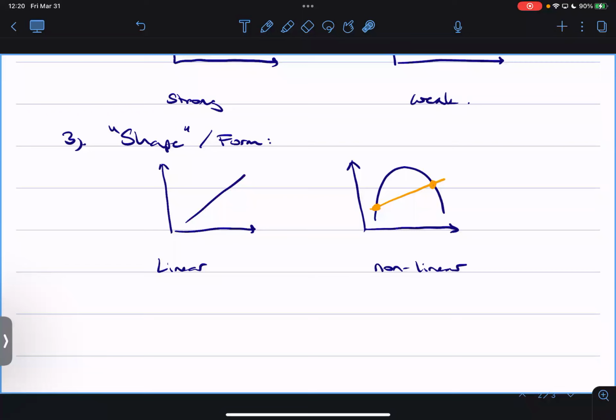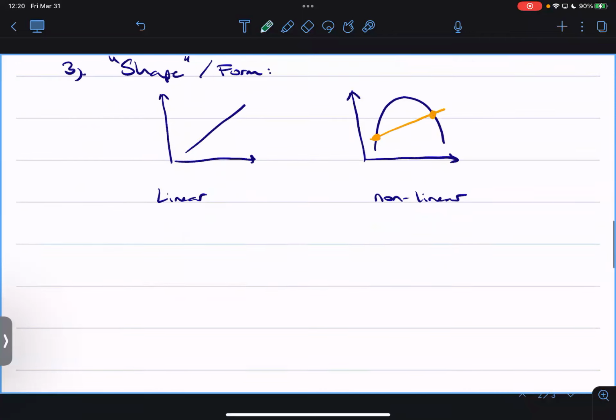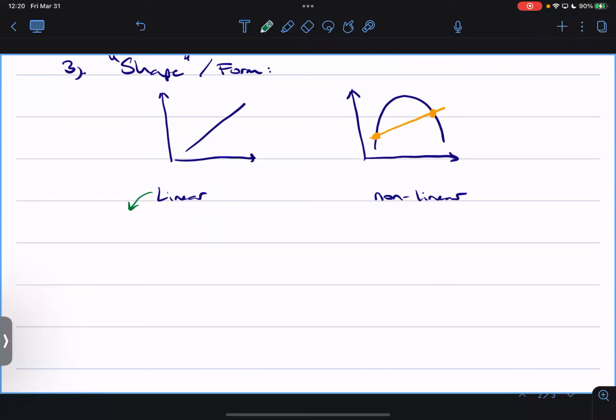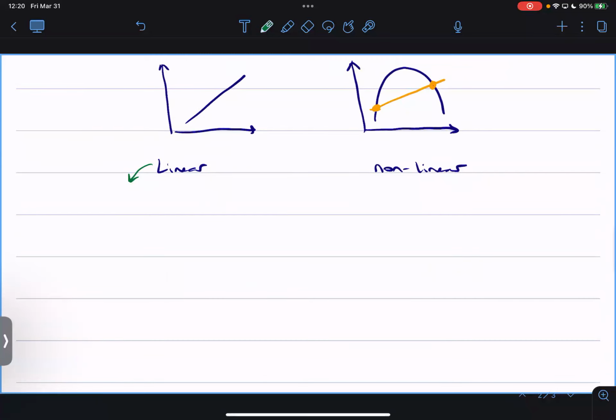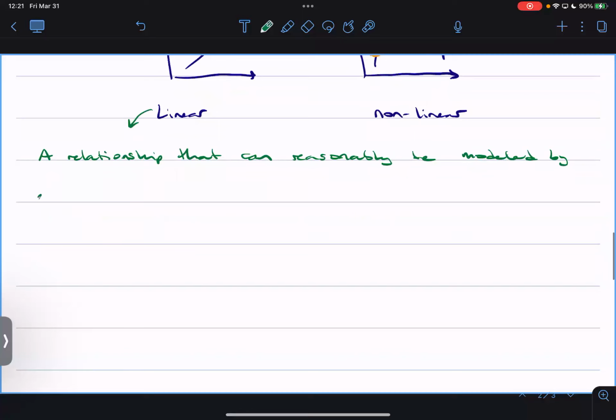Now, for us, we are only going to consider linear relationships. Okay? And so here, a linear relationship is a relationship that can reasonably be modeled by a straight line.